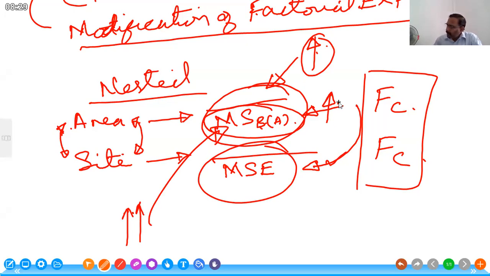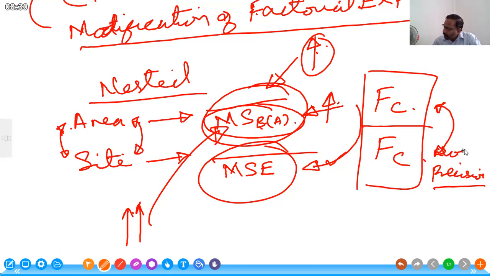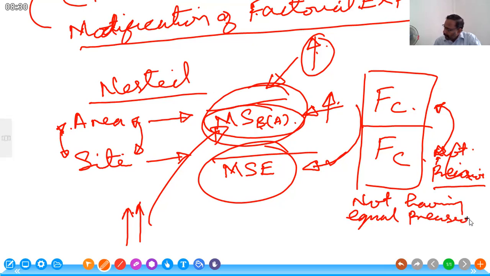Okay. So when you talk about the precision, we have a bit of a problem in the precision, right? So this is not equal precision. We can say not having equal precision. You see, they are having different precision.